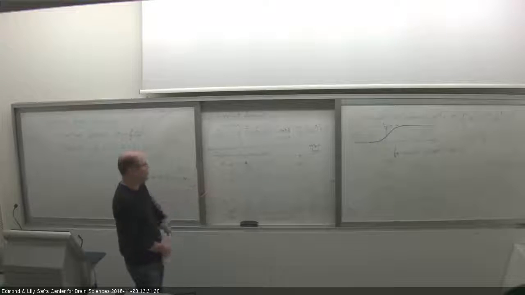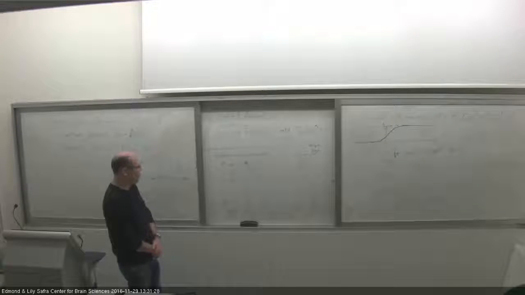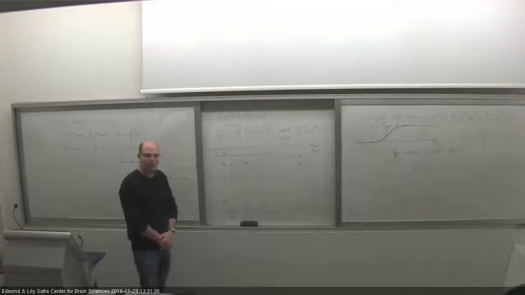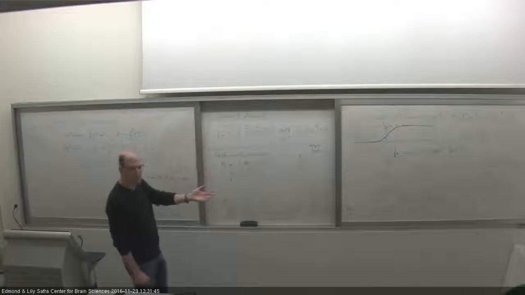Okay, so now why introduce these types of networks? For one thing, it's possible to show that these networks can do much more than a single linear perceptron. And in fact, it's not necessary to have many layers.